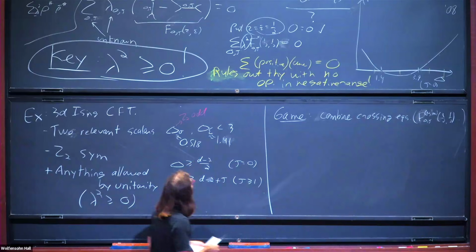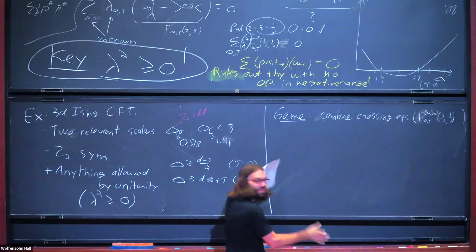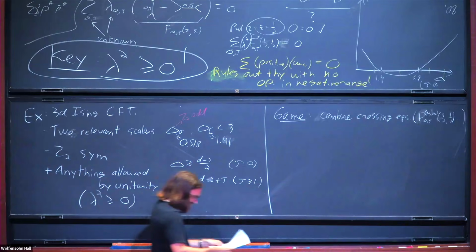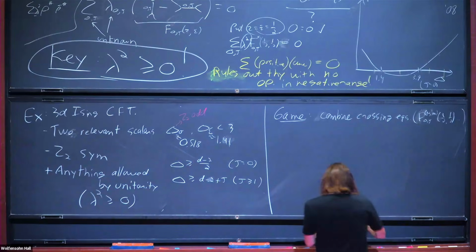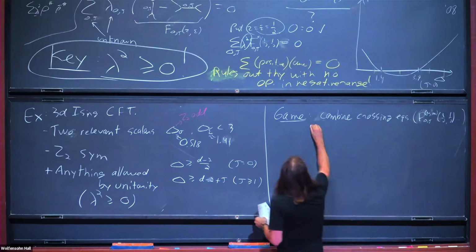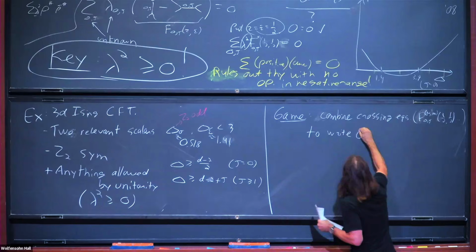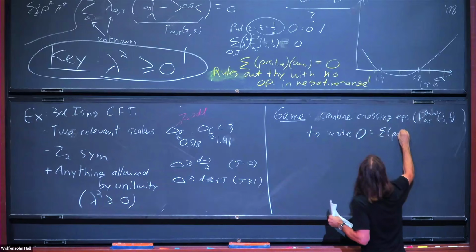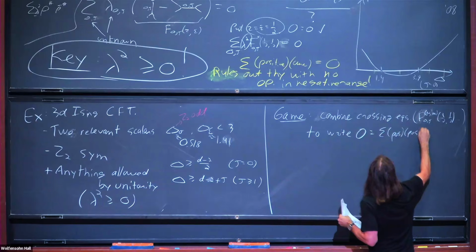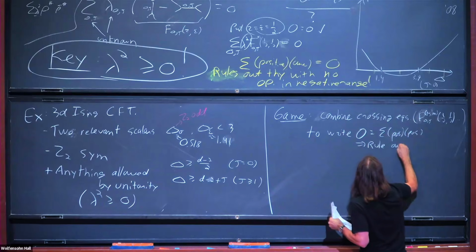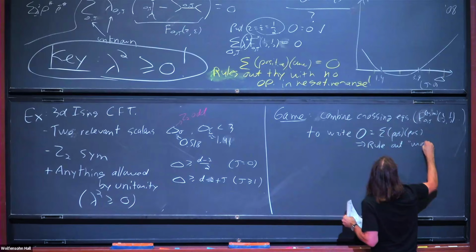It's a bit counterintuitive the first time you play it. You combine these equations to write 0 equal to a sum of positive times positive, and you use that to rule out wrong assumptions.